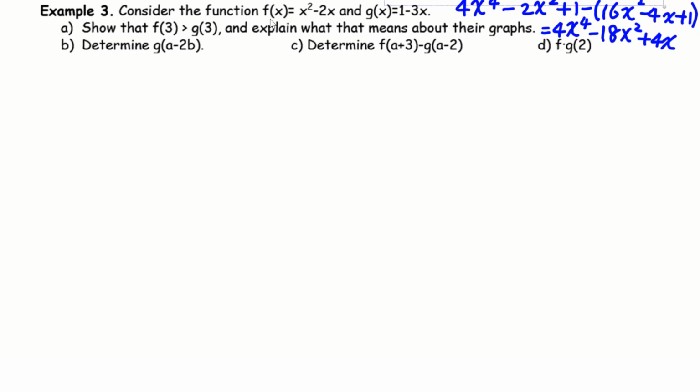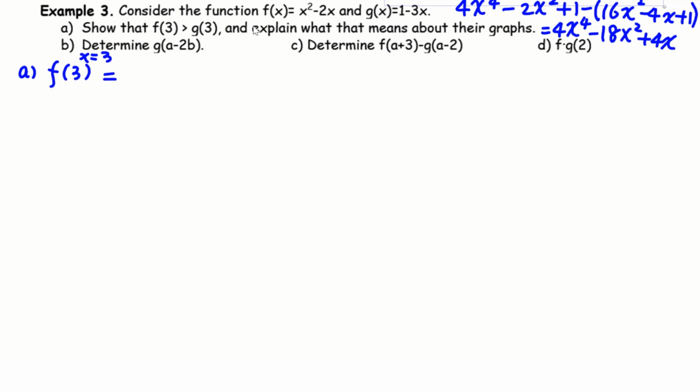Now you may have two functions. f at x equals x squared minus 2x, g at x equals 1 minus 3x. It asks you to show that f at 3 is greater than g at 3. So we are going to evaluate f at 3 equals what? f at 3 means x equals 3 sub in to function f at x.